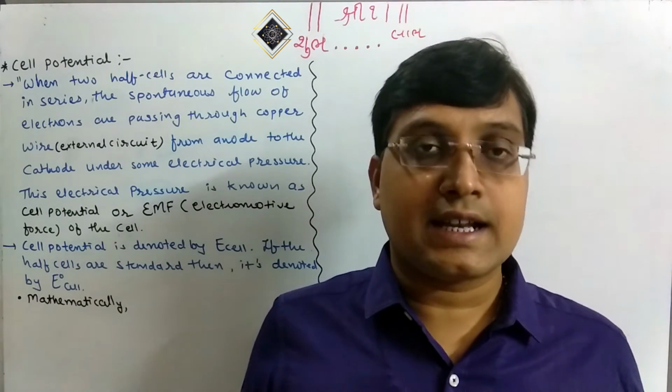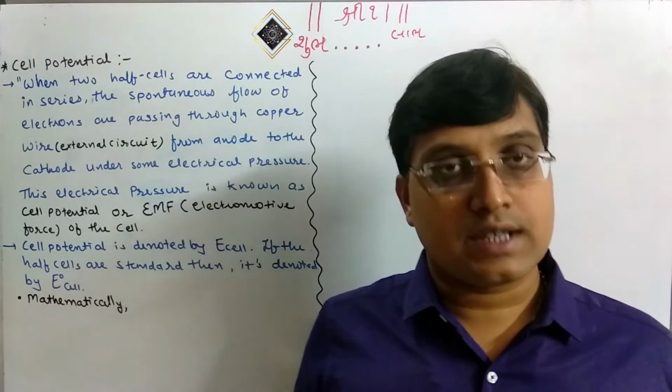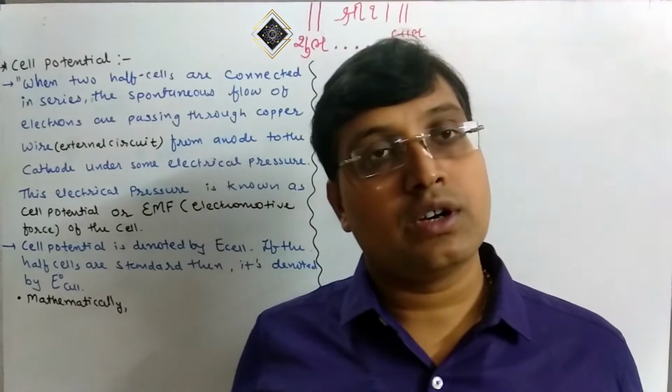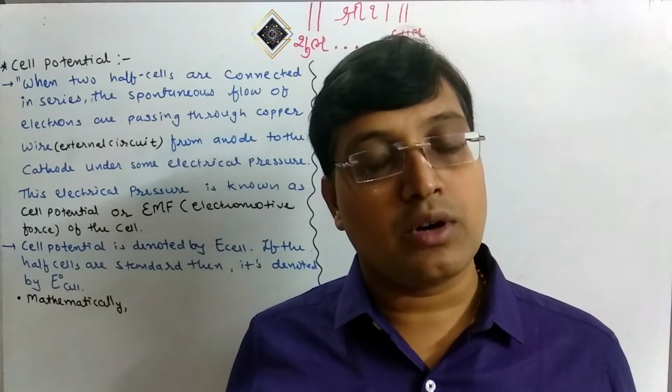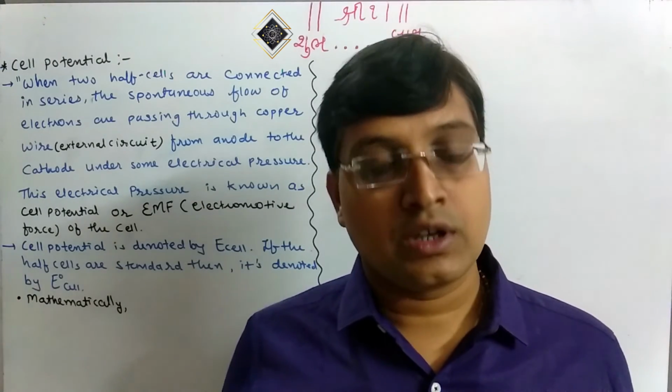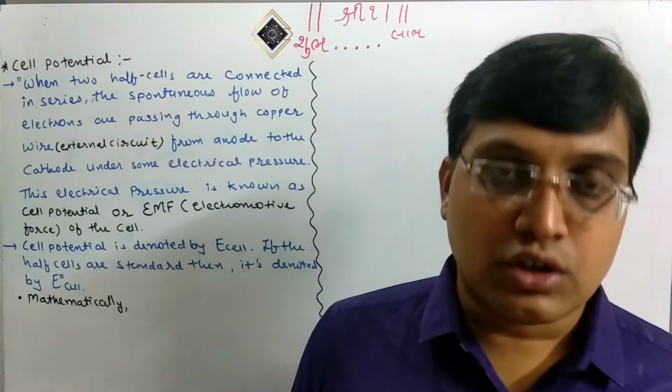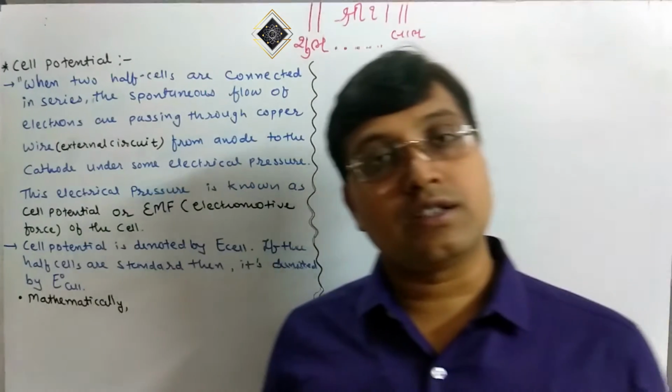So here we are accepting the definition of the cell potential in the form of a reduction reaction, that means in the form of receiving the electron. As we know, anode experiences oxidation, cathode experiences reduction.